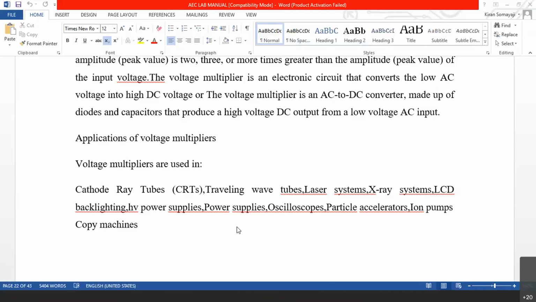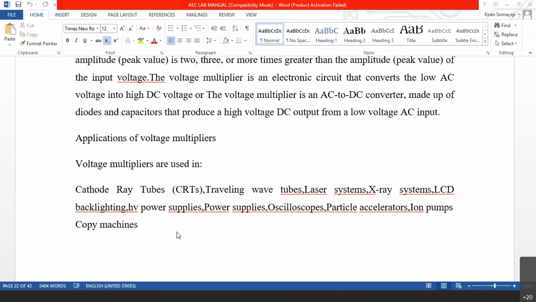But input is only 220 volts AC to them. Cathode ray tube requires more than 1000 volts inside for heating up the electron gun. Now, using 220 volts only, 1000 volts DC is produced. 220 volts is the input AC. 1000 volts DC is produced inside the cathode ray tube. That's the same case with all other examples given here, including the copier machines also.